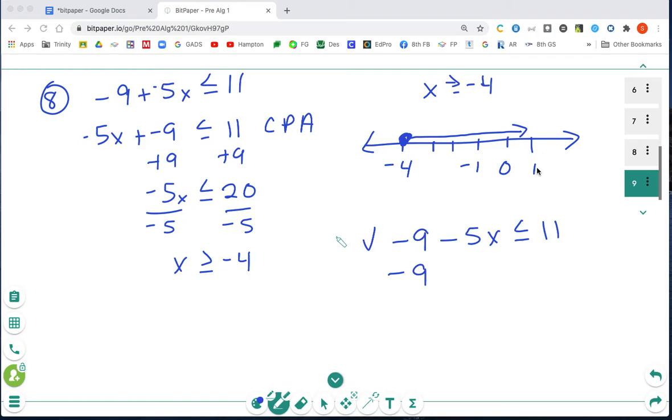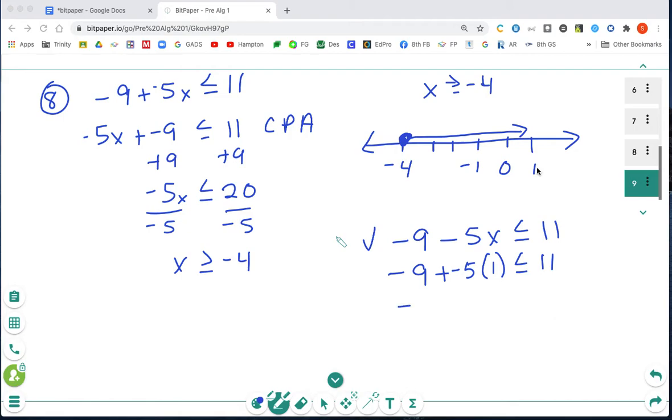Negative 9 plus negative 5 times, and we are checking 1, is less than or equal to 11. So I chose to check, I'm checking 1 in my equation.